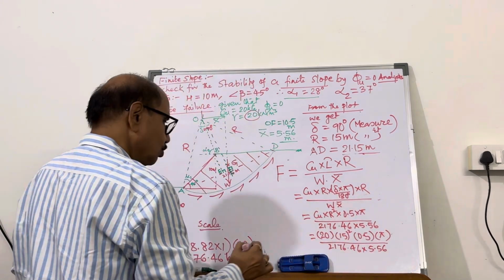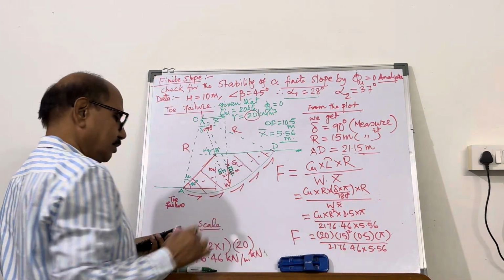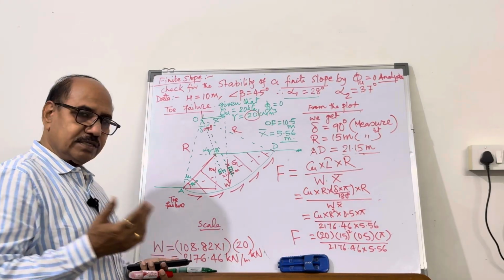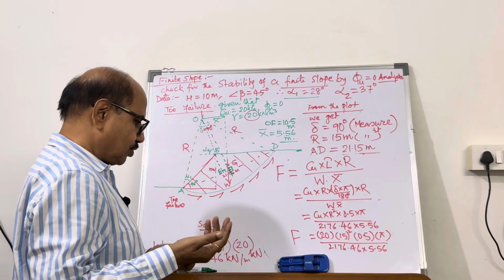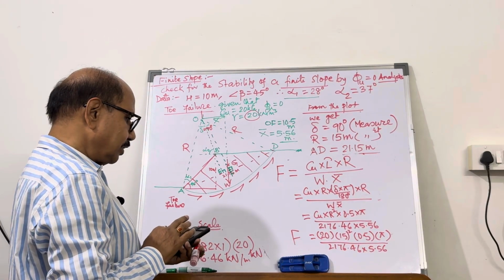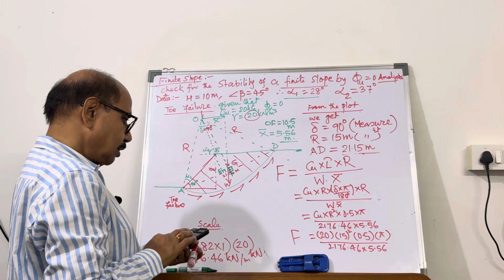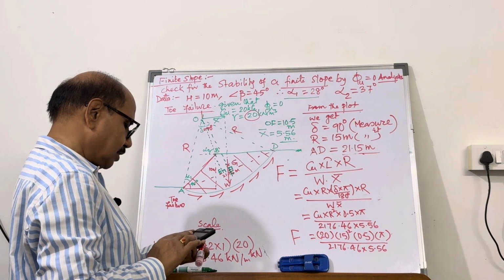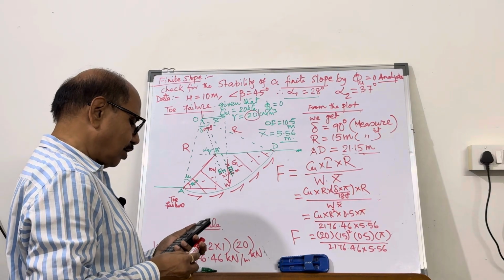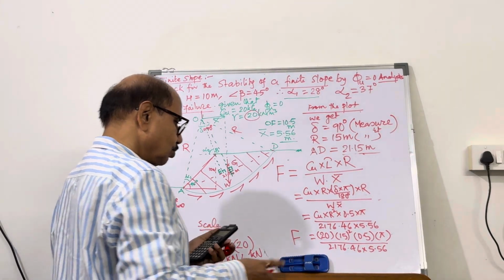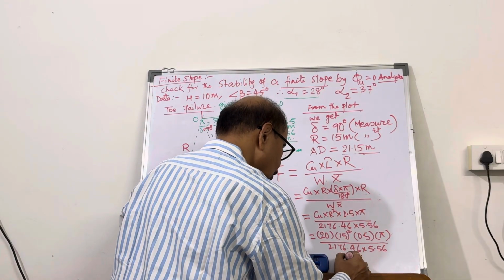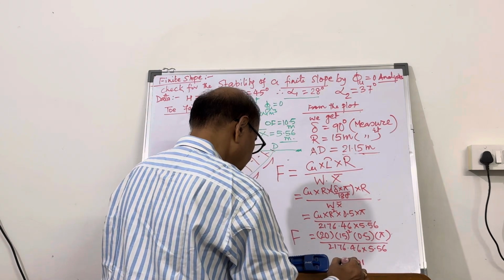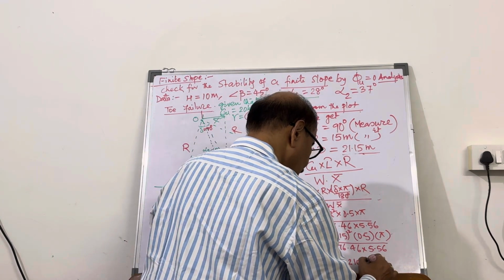So this is called the factor of safety. And you know that factor of safety must be greater than 1.2 at least. So in the denominator, if you multiply this weight by 5.56, I am getting 12,101.12.